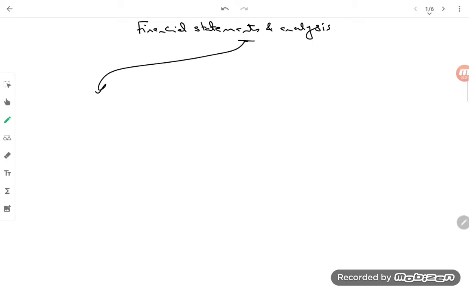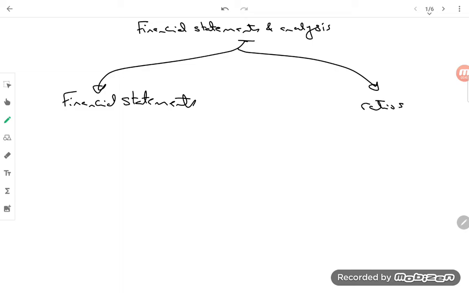Part number one, which is related to financial statements, a very brief description of each one of them, and number two, the key financial ratios that can be used in order to analyze or assess the financial condition and performance of the firm.